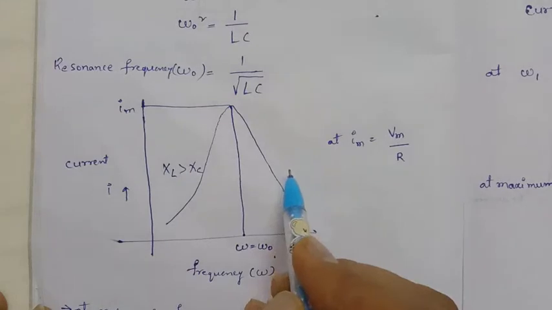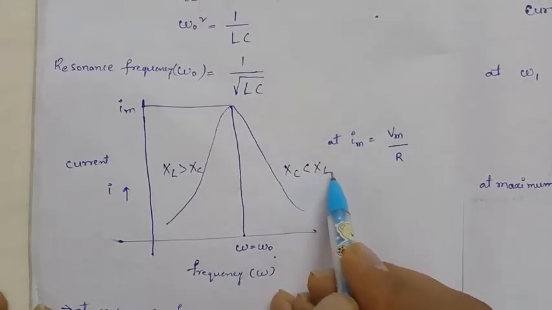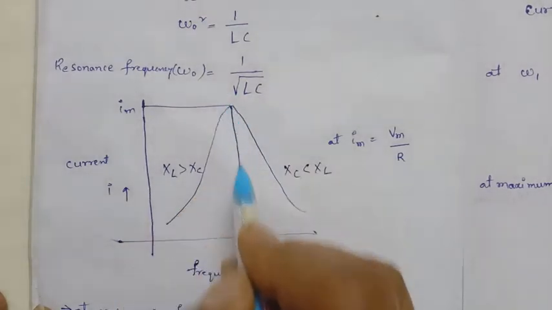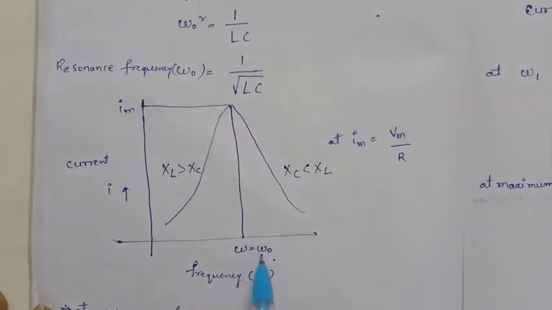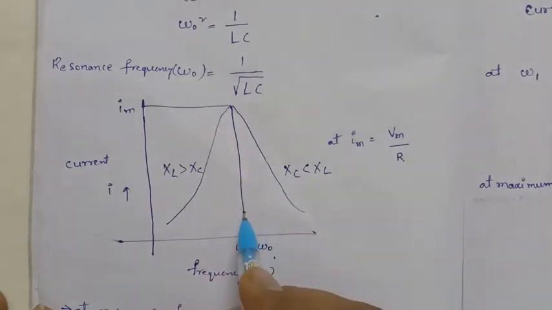After the resonance frequency, Xc is greater than XL. At omega equal to omega naught, Xc is equal to XL.